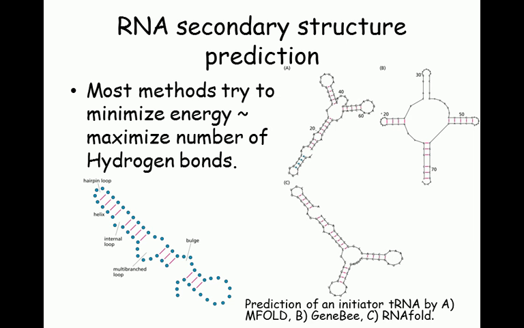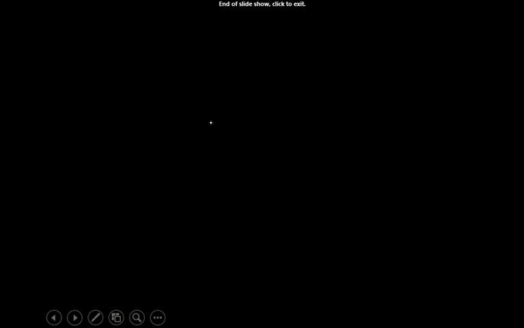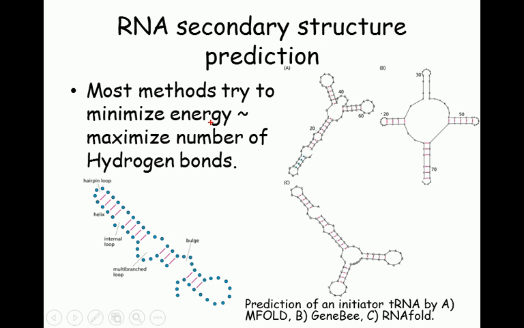All right. RNA secondary structure prediction is a slightly different problem. Its prediction usually involves finding out the energy of the fold and also the number of hydrogen bonds formed by the structure.